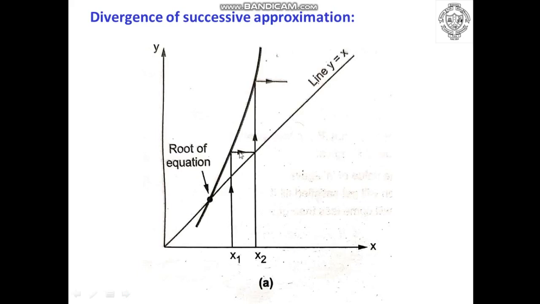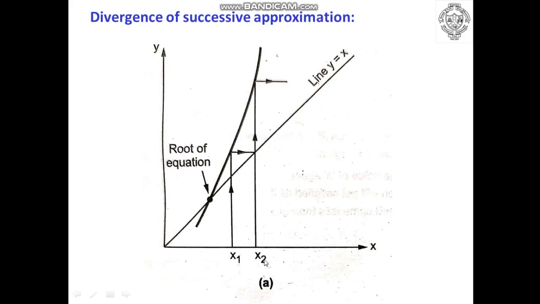Now I draw as per the procedure of the successive approximation method. I will draw a straight line inclined at 90 degrees at this particular point, such that it will intersect at some point on the line y is equal to x. If I find the projection of this point on the x axis, which is nothing but x2, that means the magnitude of y1 and x2 is the same.